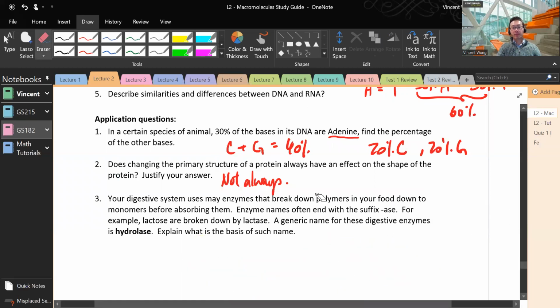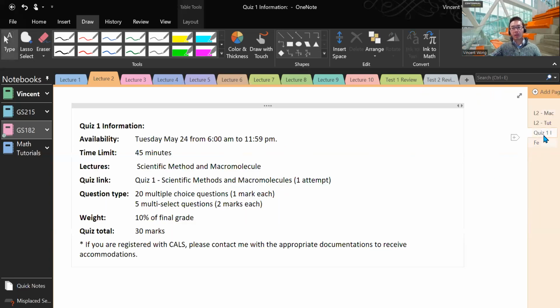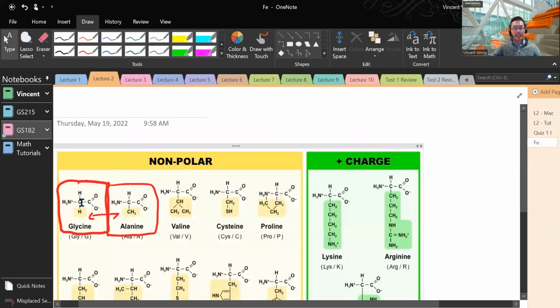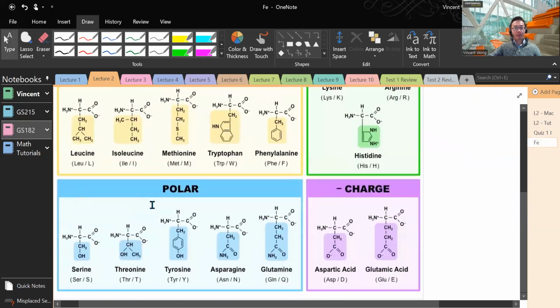So not always. It depends on, number one, the type of change that you're making, right? Just for illustration, if you're changing from glycine, which is non-polar, to something that's polar, like serine, then yes, it's probably going to have a very big effect.